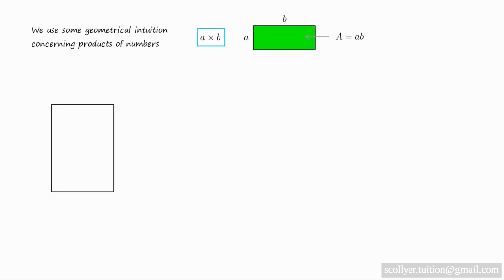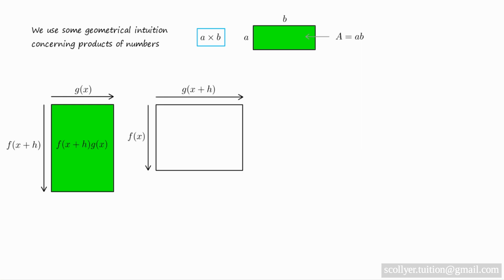So if we now consider a rectangle whose sides are f of x plus h and g of x, then we see that the area of the rectangle is f of x plus h times g of x. And similarly, a rectangle whose sides are f of x and g of x plus h has area f of x times g of x plus h.